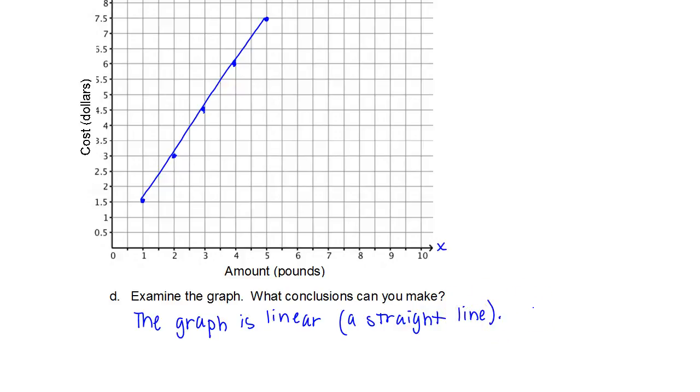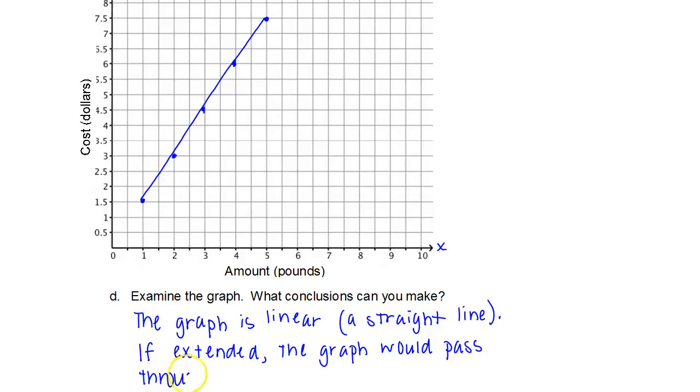Something else I notice, and I'm not sure if you notice it, is that if I were to extend the line in the downward direction, it would go right through the origin. So I'm going to note that if extended, the graph would pass through the origin.